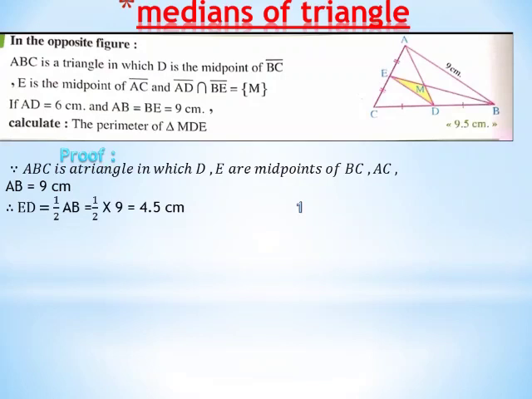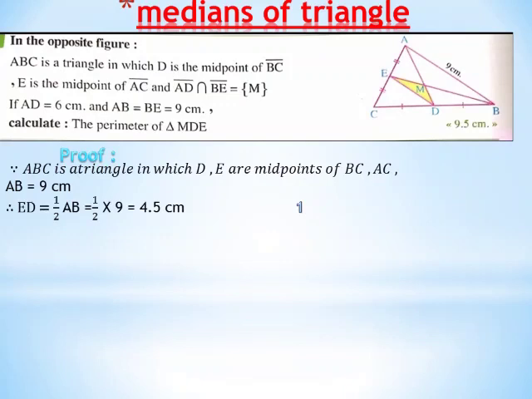We said every piece of information has a result. D and E are two midpoints. The line joining them, the short line ED, equals what? Half the length of the opposite side, AB. So ED equals half the length of AB. Half of 9 equals 4.5.